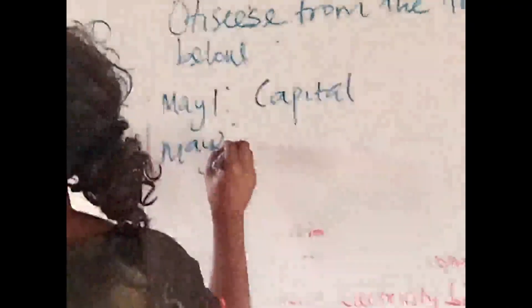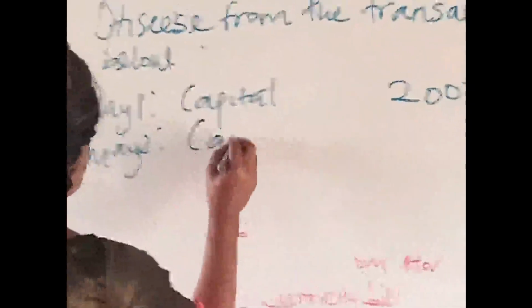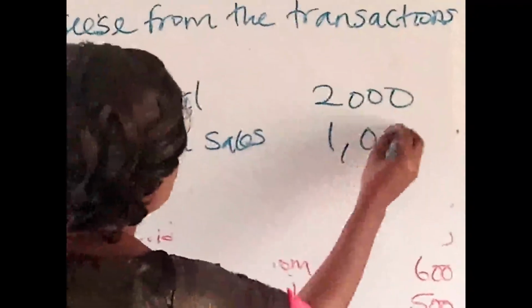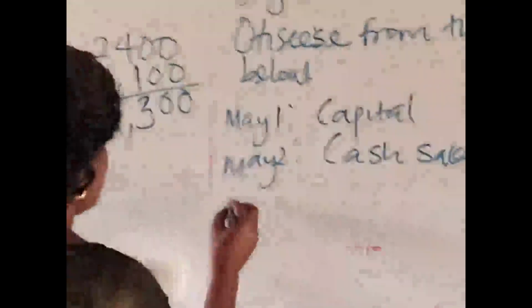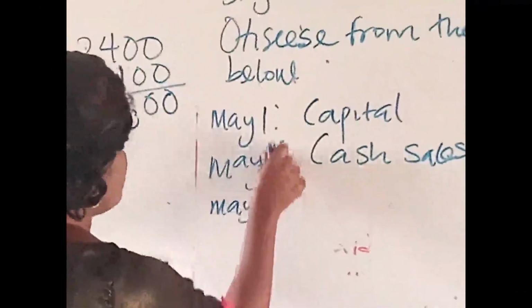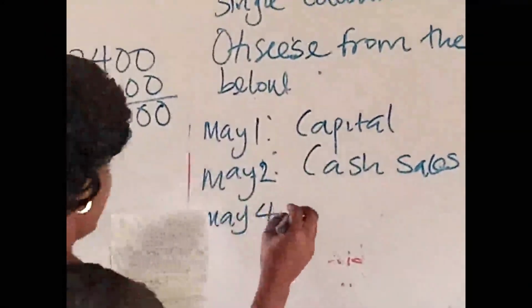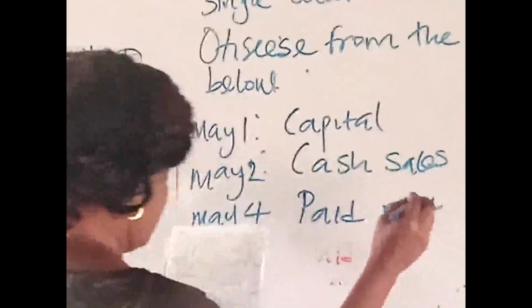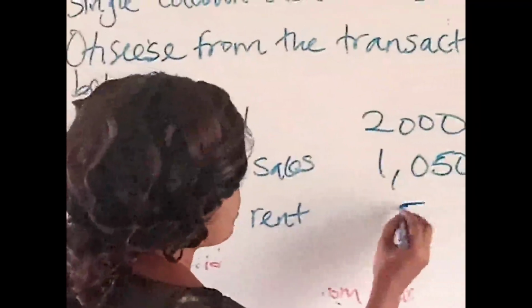May 2, cash sales 1,050 naira. May 4, paid rent 560.